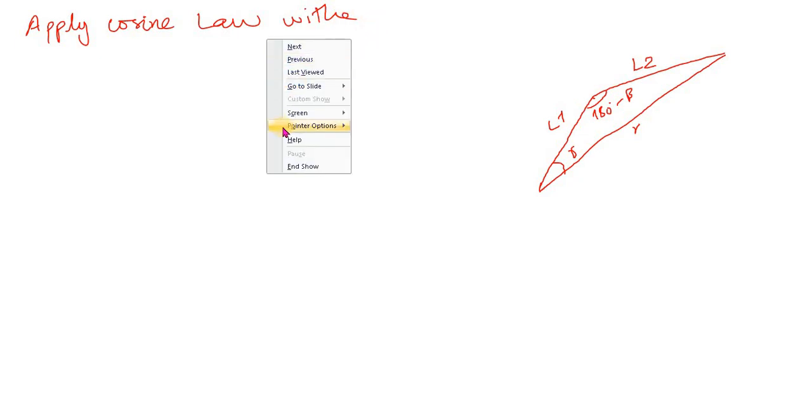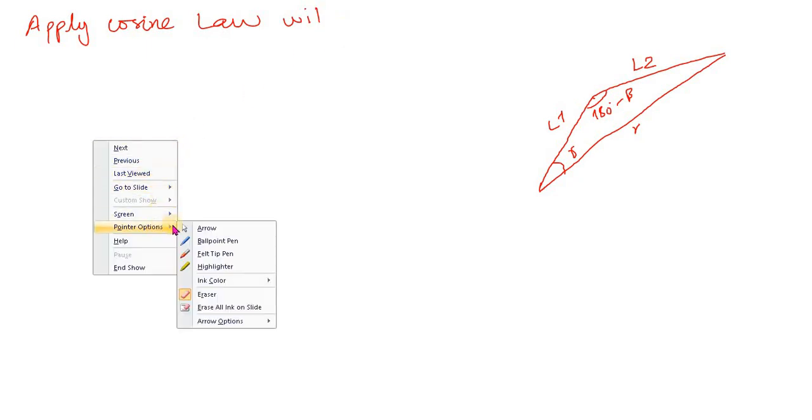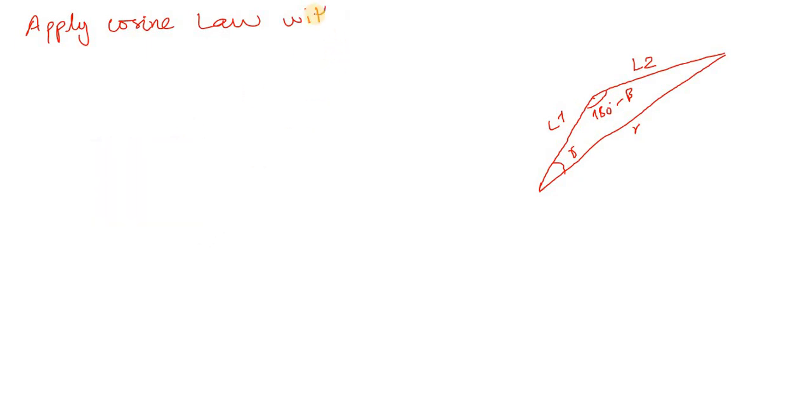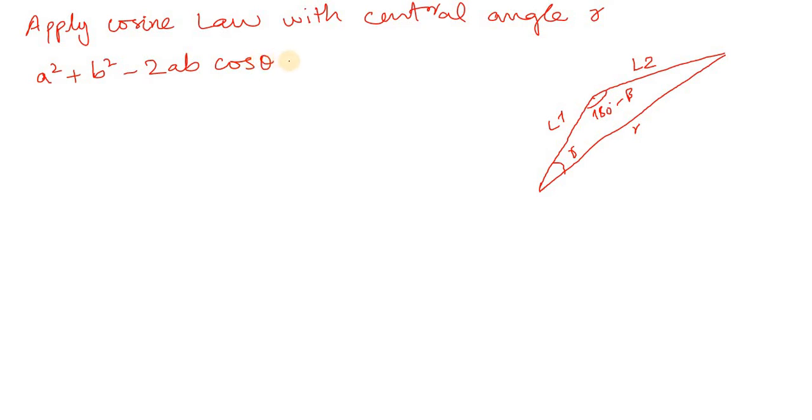with central angle gamma. So again the cosine law says that a square plus b square minus 2ab cosine of theta is equal to c square.